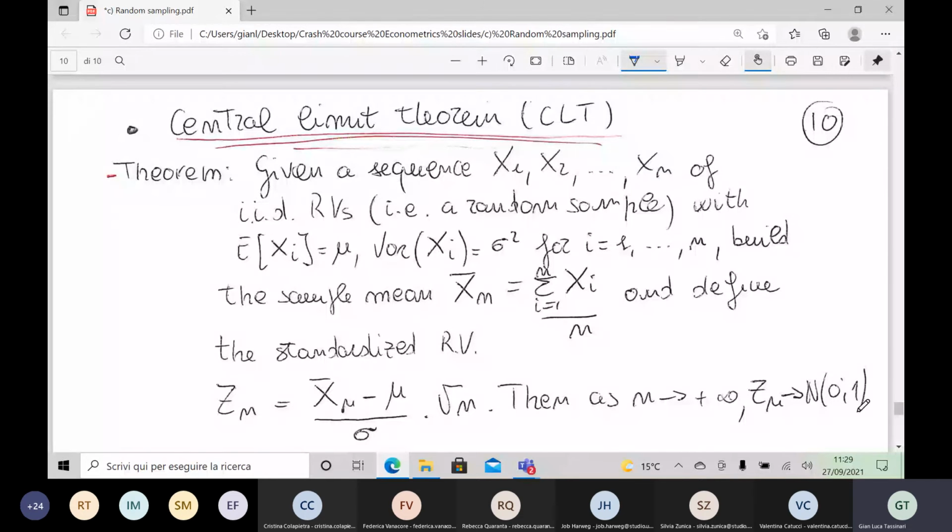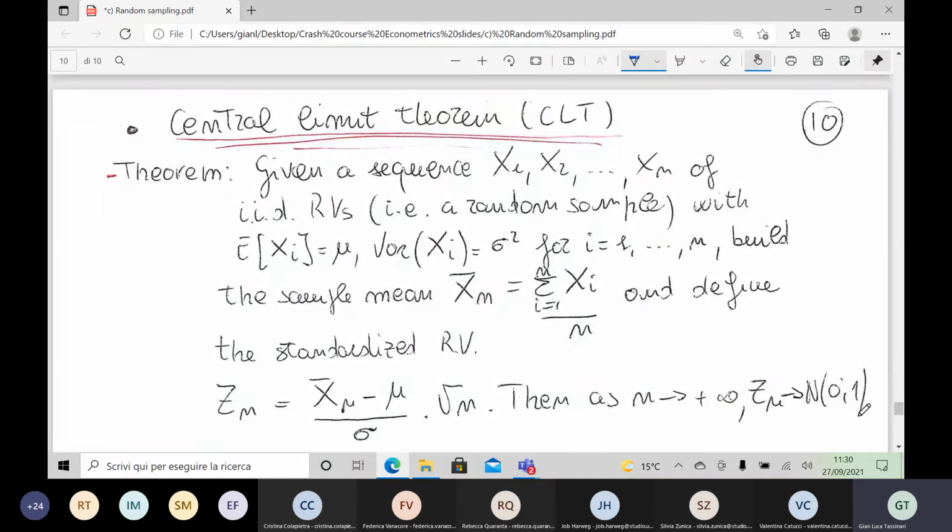So it's different. While in case A, I assumed that X was normal, and I found that X bar minus mu over sigma times square root of n followed exactly a standard normal distribution, in this case, zeta n follows this distribution only asymptotically. So in this case, you cannot say that zeta n follows a normal 0, 1, but the bigger n is, the better the approximation you get for the distribution of zeta n if you approximate it by using the standard normal.